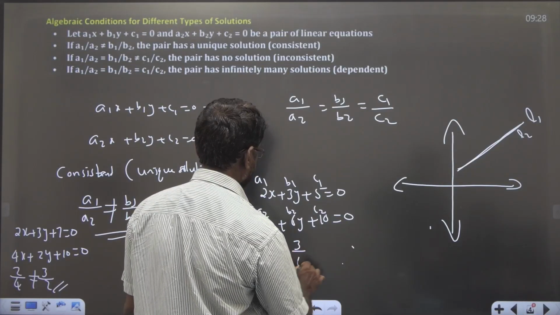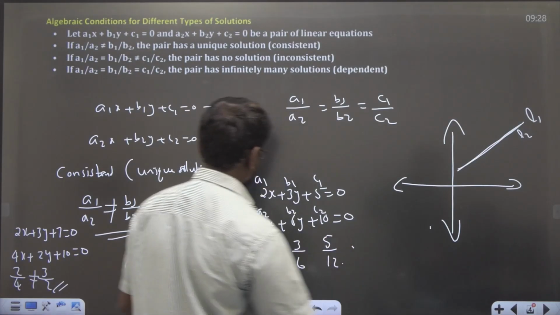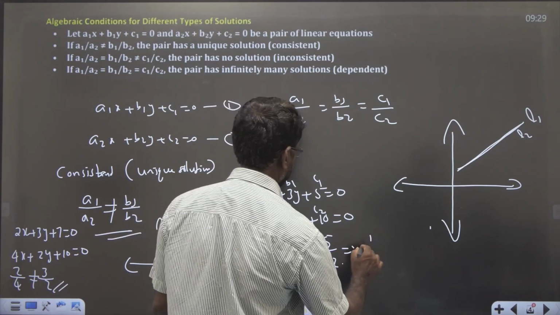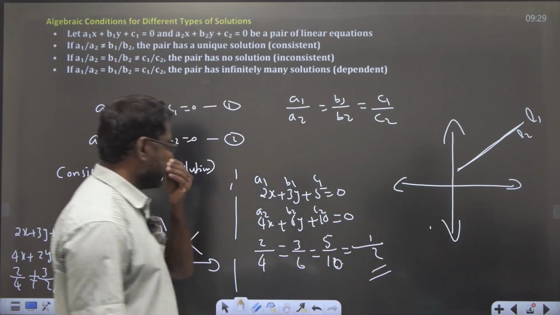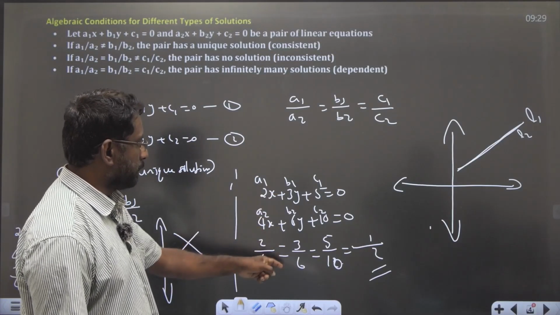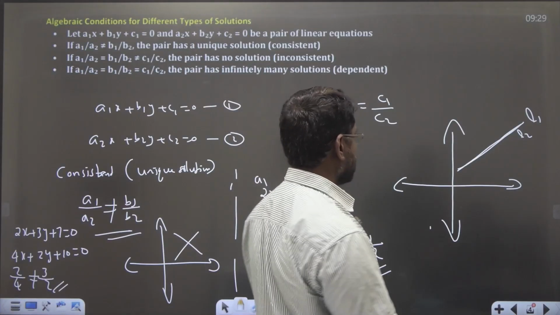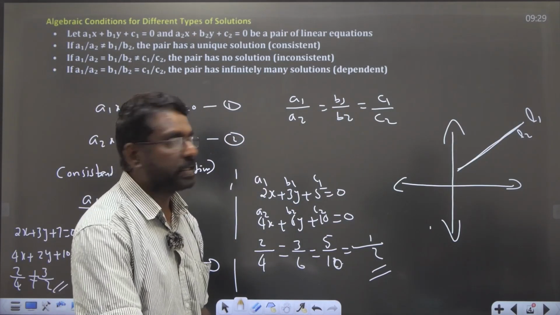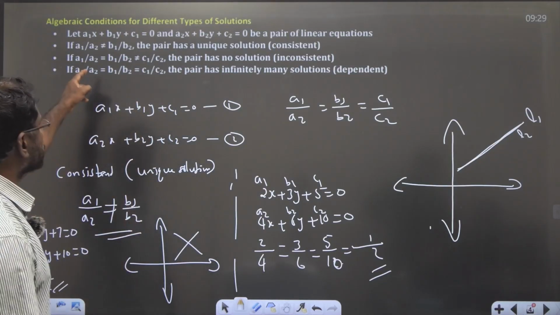That is 3 by 6. What is c1 by c2? That is 5 by 10. Both are equal to 1 by 2. a1 by a2 equal to b1 by b2 equal to c1 by c2. Therefore, the system is consistent and they are coincident lines. There exist infinitely many solutions. Okay. So this is the explanation for that.